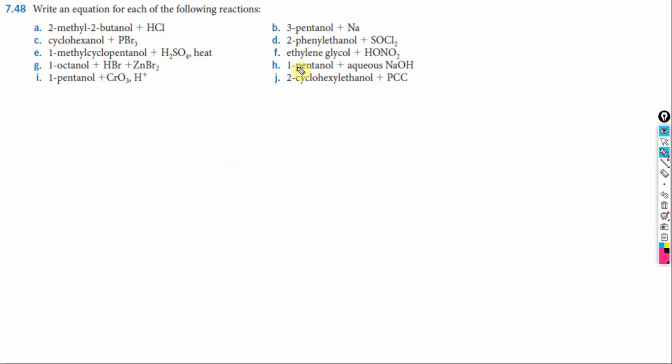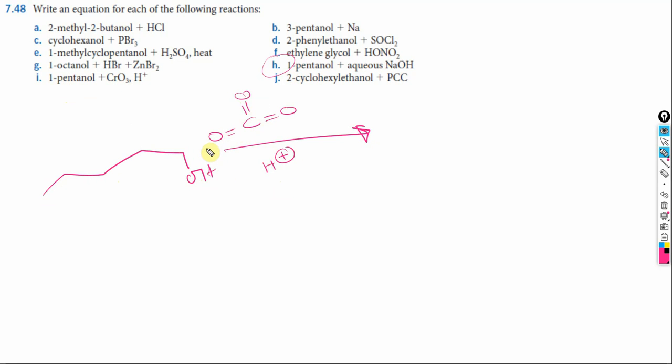Alright, and if you use 1-pentanol with aqueous sodium hydroxide, we know that it's simply going to give you the alkoxide, O minus. Again, that's something that I discussed in one of the earlier questions. So that's all you need to know. And if you have 1-pentanol with chromic acid, it's the same as what we call the Jones reagent. Chromium trioxide, I should say rather, in the presence of a strong acid like sulfuric acid becomes a very strong oxidizing agent, and that is what we call the Jones reagent.